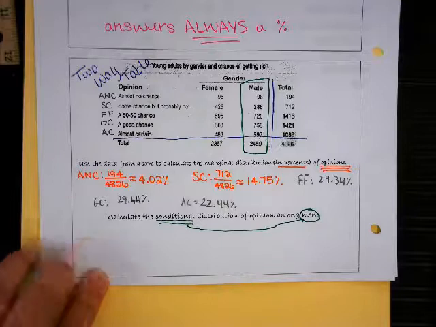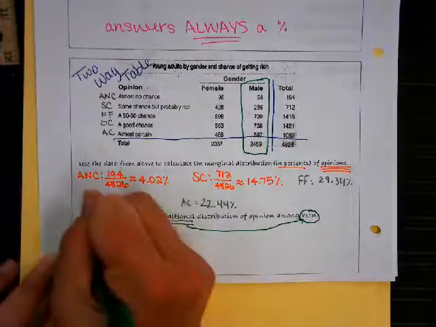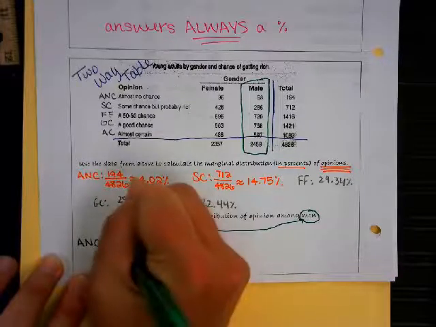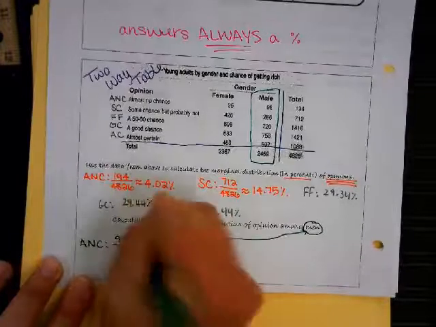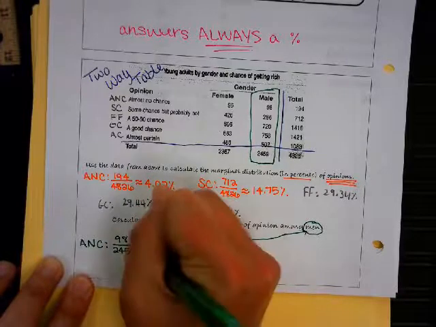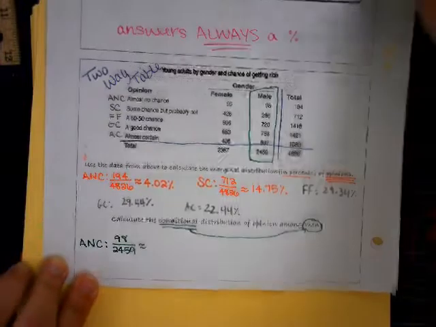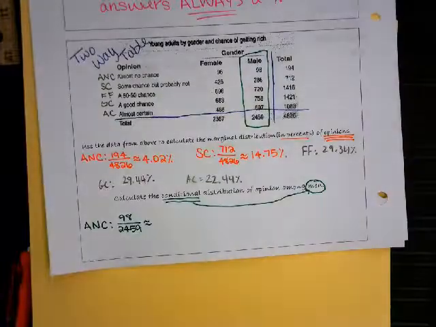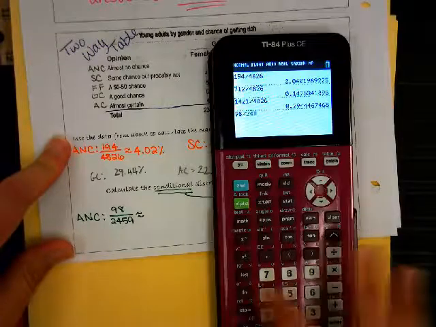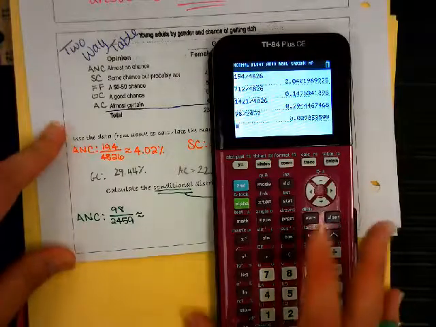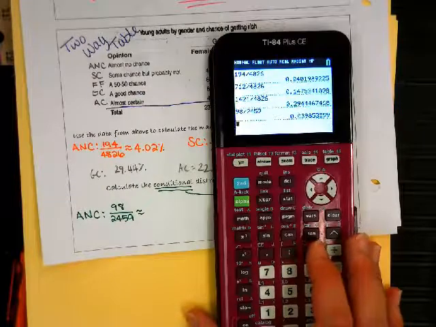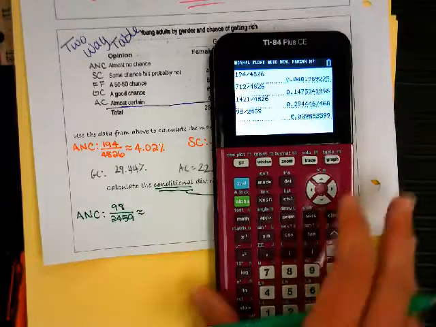So for almost no chance, 98 out of the 2,459 males interviewed said there's almost no chance they get rich. So 98 divided by 2459, we get 0.03985, so 3.99 if we round.